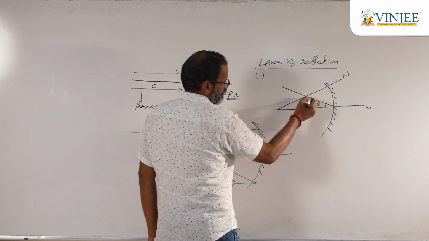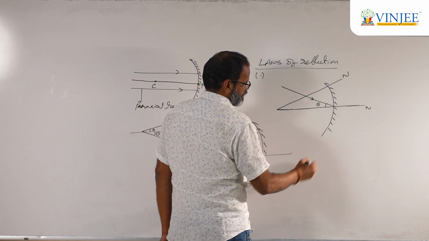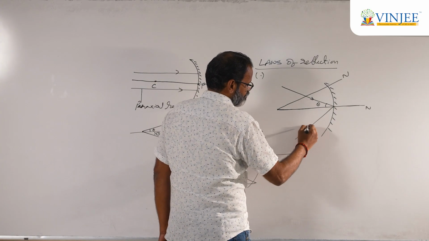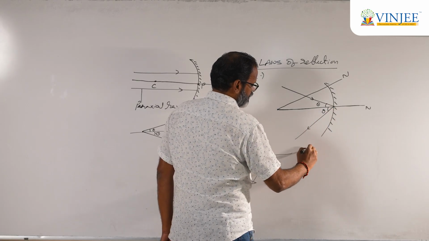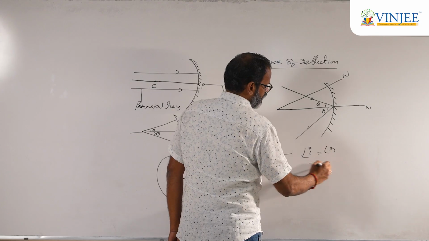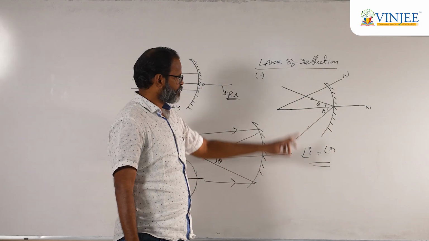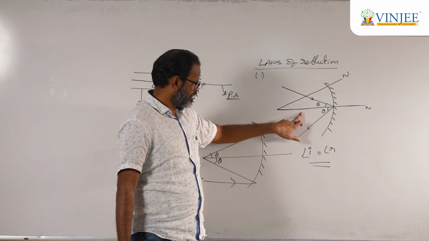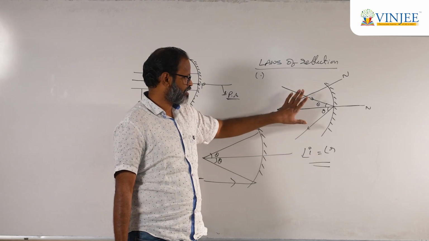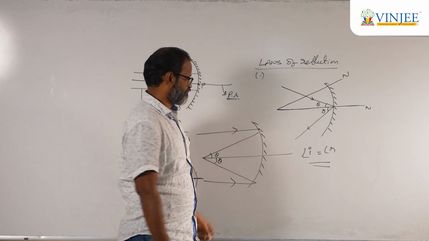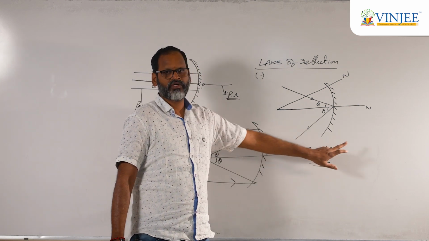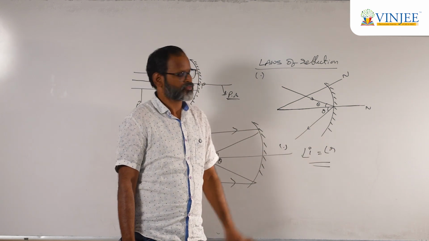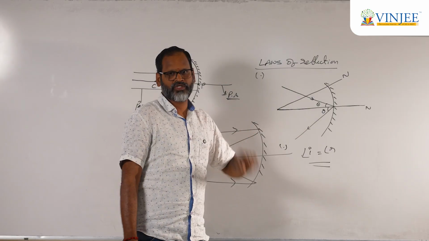A light ray is incident making an angle theta. The reflected ray also makes the same angle theta. Hence we can say that the angle of incidence is equal to the angle of reflection. Incident ray, normal and reflected ray all lie in the same plane. That is the first one. And the second one, the angle of incidence is equal to the angle of reflection. So these are the points you should remember.